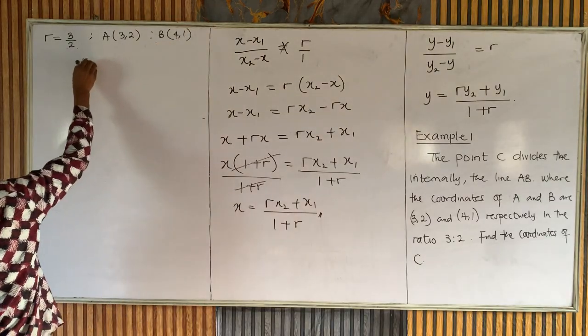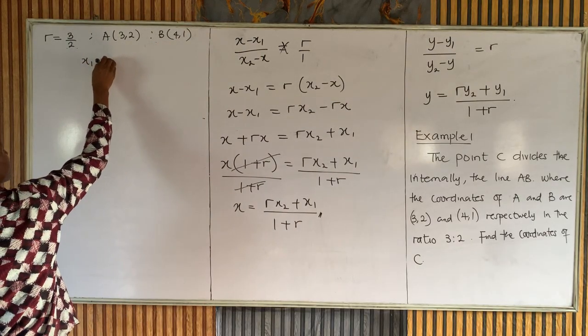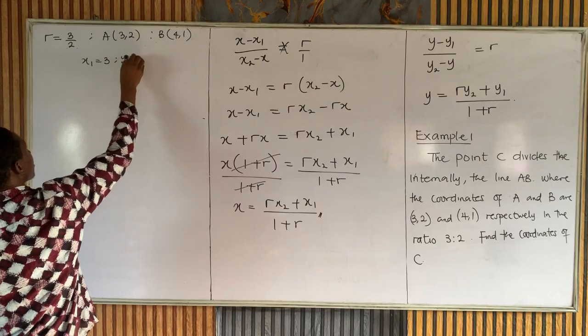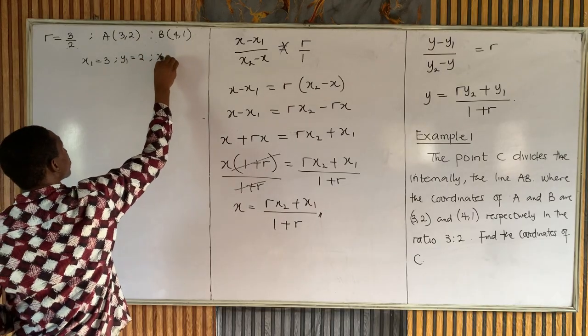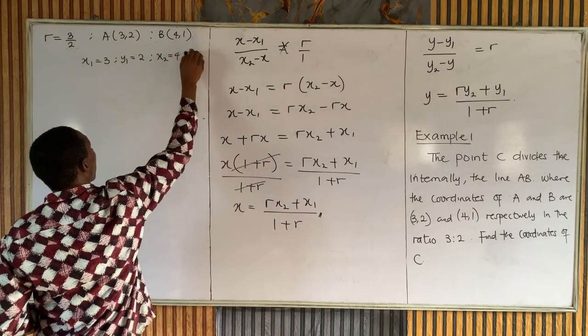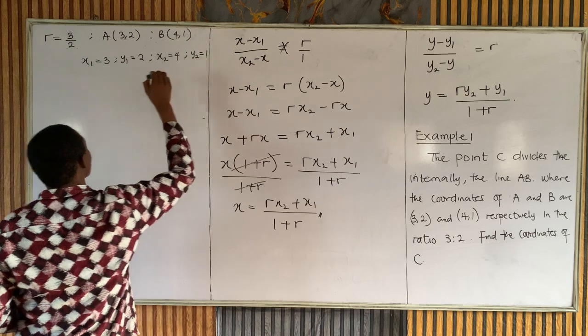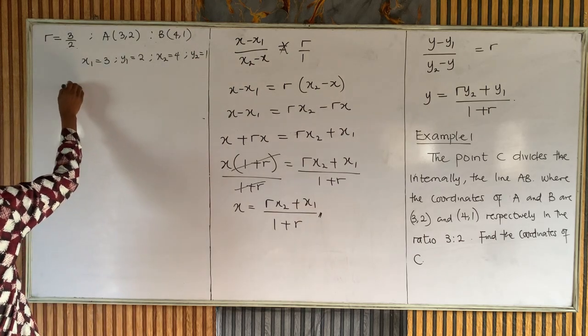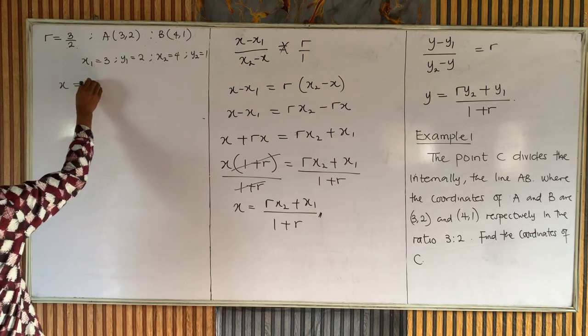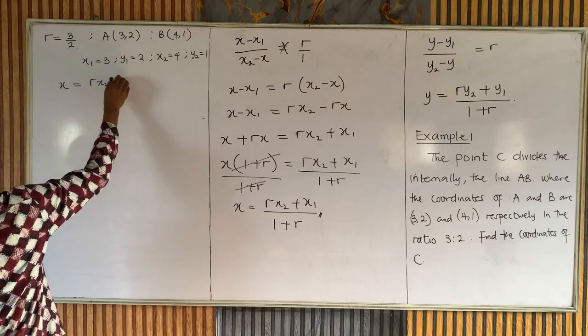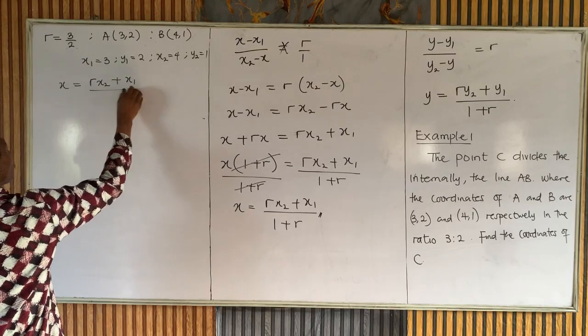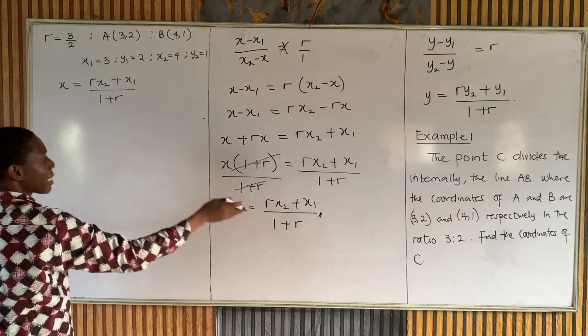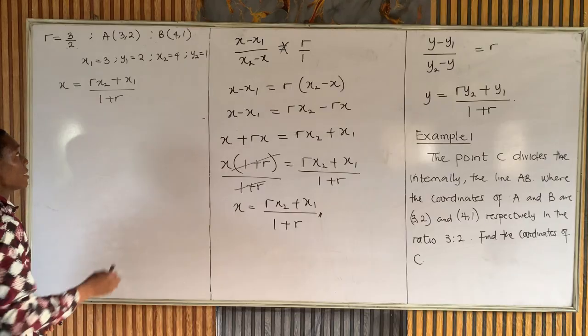That tells me that x1 is 3 and y1 is 2, and that x2 is 4 and y2 is 1. So I can say that x is equal to rx2 plus x1 over 1 plus r. That's the formula here. That's why I have not cleaned it.